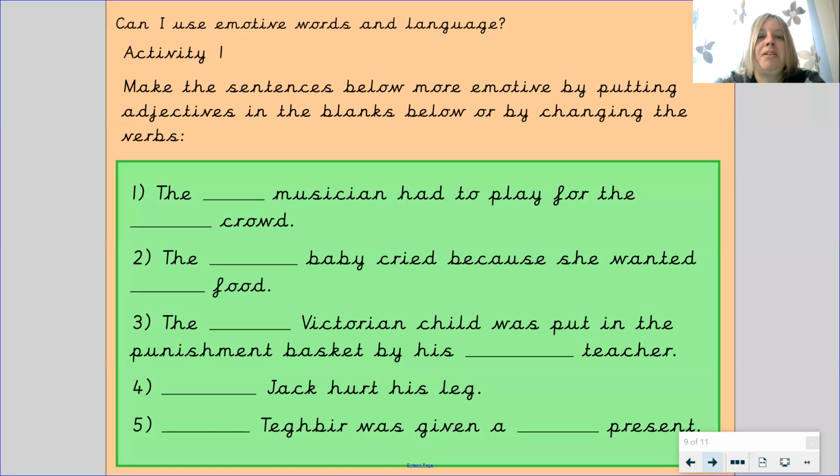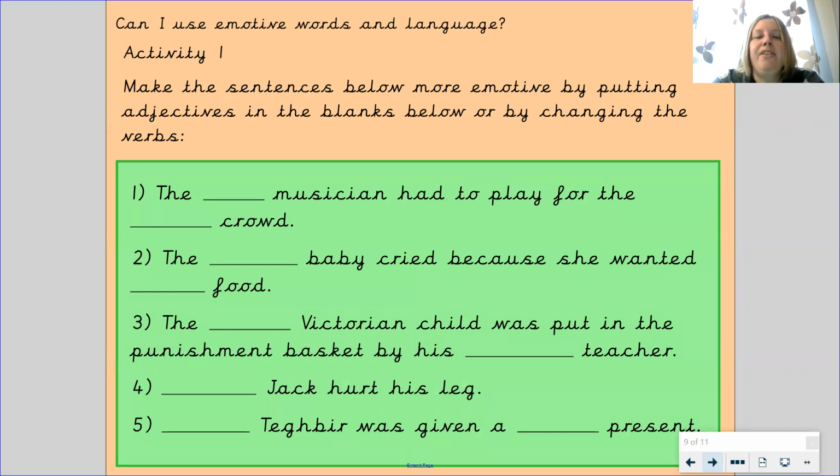So let's look at the first one. The something musician had to play for the something crowd. So think of a word to describe the musician and think of a word to describe the crowd. I think the musician might be talented, which means he's very good at playing his instrument.